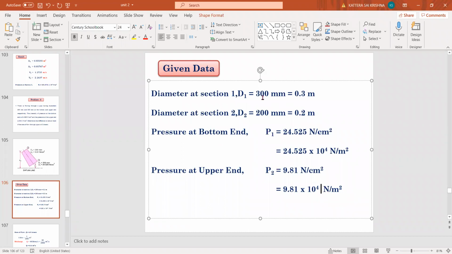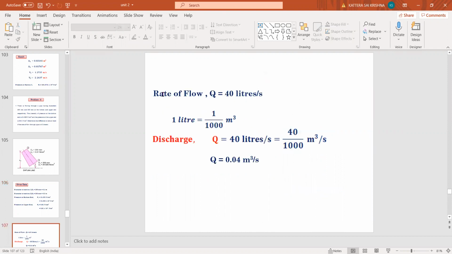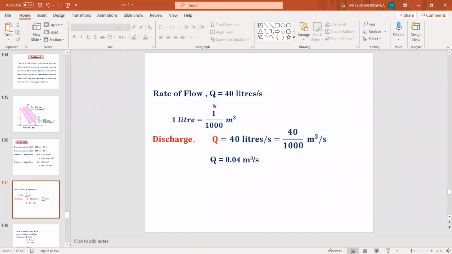So this is the data which is given to us. Anything else given? One more thing is there: discharge is given. The rate of flow through the pipe is nothing but discharge Q, which is 40 liters per second. Convert this liters per second into meter cube per second. 1 liter equals 1 by 1000 of meter cube. So Q becomes 40 by 1000 meter cube per second, that is 0.04 meter cube per second.